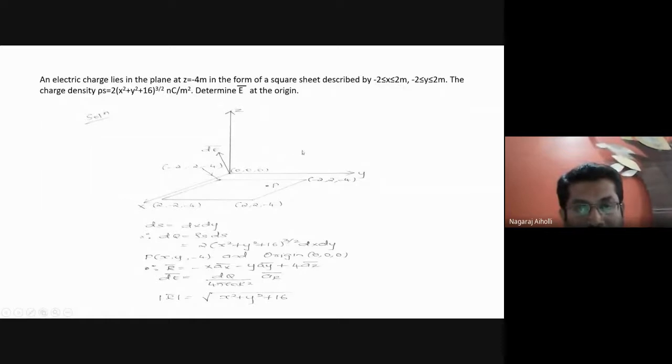How do you take x here? This is our minus 2, range is minus 2 to plus 2, so this is plus 2. It is symmetrical. The sheet is symmetrical. While showing, it is shown like this, but it is a symmetrical sheet, lying symmetrically across the x-axis and y-axis.